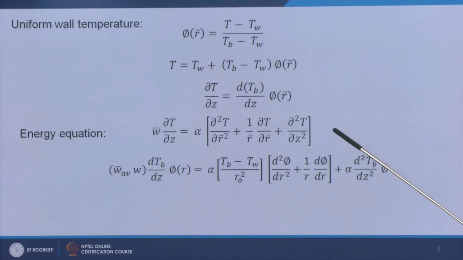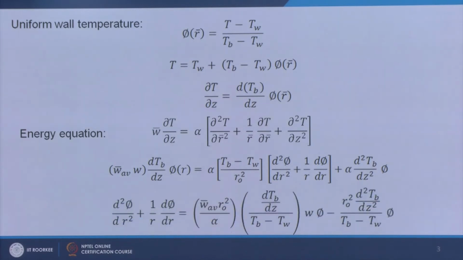From this we have found this type of equation after changing del Z of T to del Z of Tb. Next, with a little bit of rearrangement, the radial conduction can be written as W average r square by alpha into d dz of Tb by Tb minus Tw into W into phi.